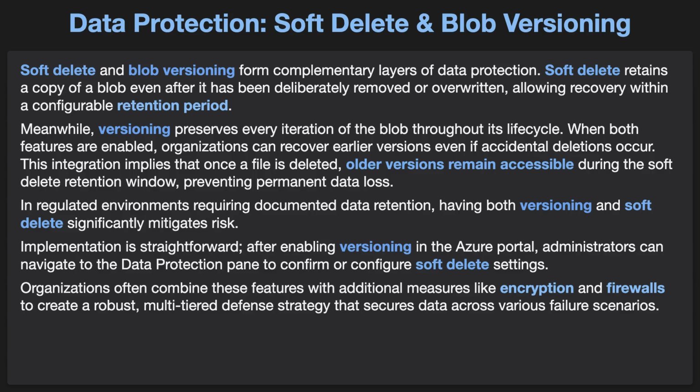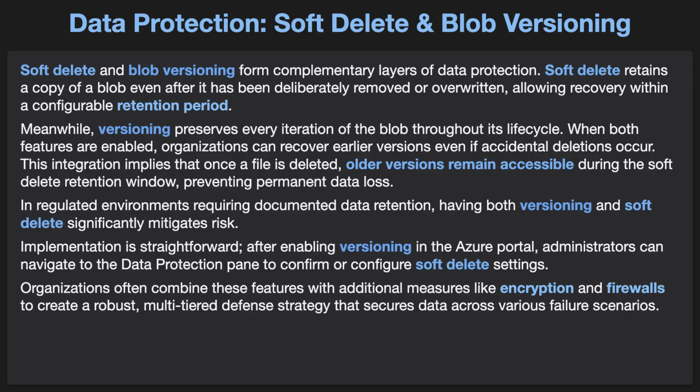When both features are enabled, organizations can recover earlier versions even if accidental deletions occur. This integration implies that once a file is deleted, older versions remain accessible during the soft delete retention window, preventing permanent data loss. In regulated environments requiring documented data retention, having both versioning and soft delete significantly mitigates risk.